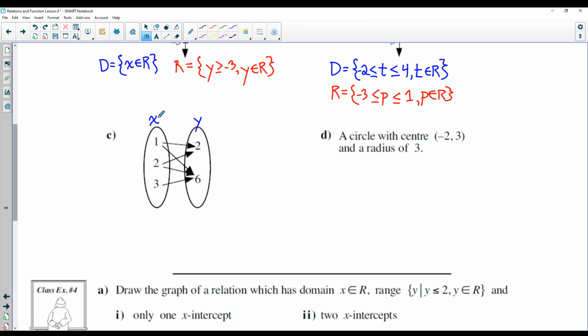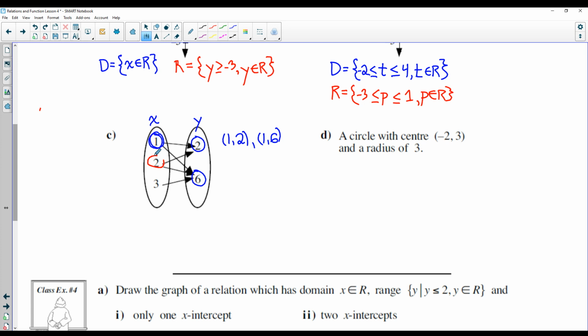Now, if you want to write all the different ordered pairs from this mapping diagram, what I would do is, when x is 1, y can be 2, not -2. So you'd have 1, comma, 2. And when x is 1, you could also have y is 6. So we could write down 1, comma 6.